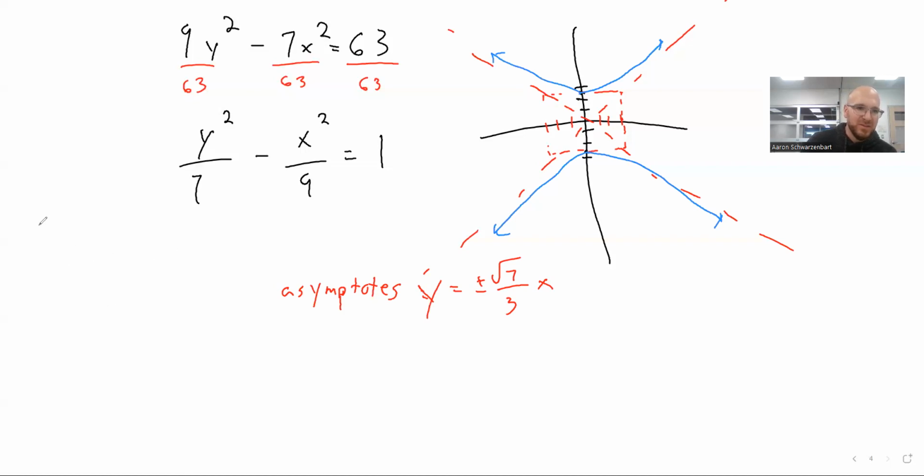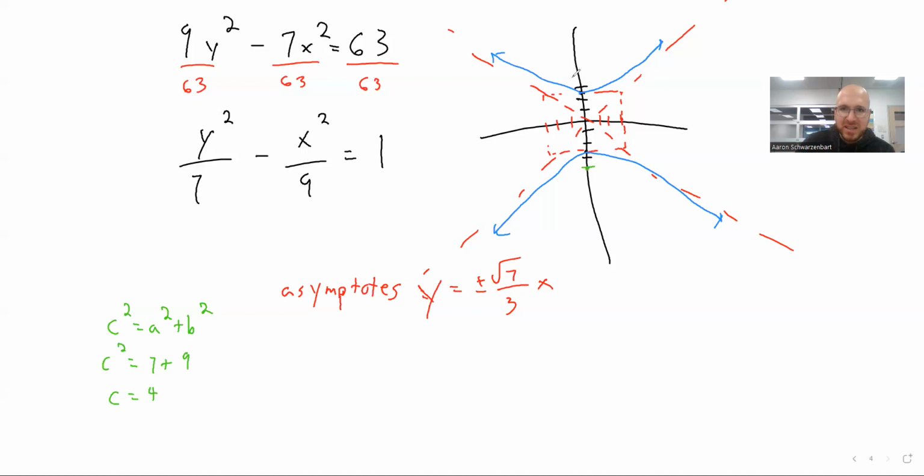For finding my foci, let's do the foci in green. I know that c squared equals a squared plus b squared for this one. C squared, I know a and b. A squared is 7, b squared is 9. So c squared is 16, c is 4.